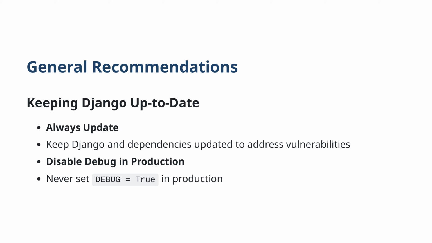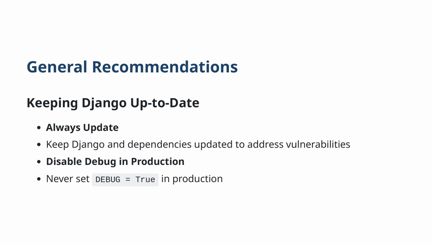First, it's essential to keep Django up to date. Ensuring that both Django and its dependencies are updated helps address security vulnerabilities promptly. Regular updates are critical as they include patches for discovered security issues and bugs that could otherwise be exploited. Secondly, remember to disable debug mode in your production environment.